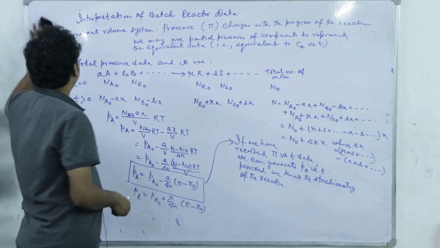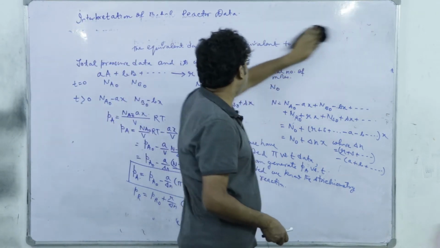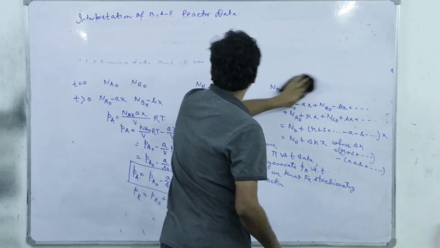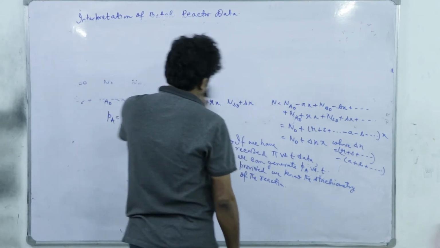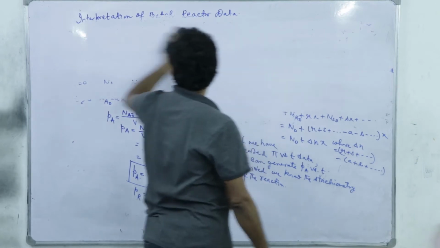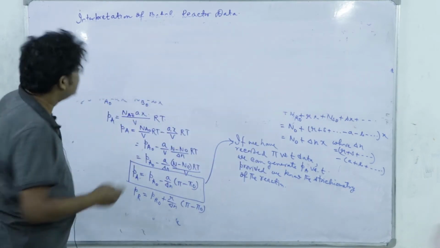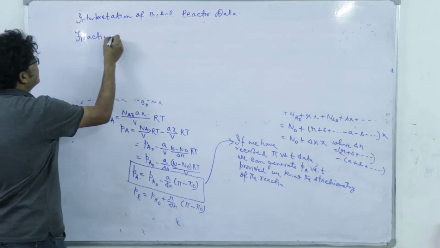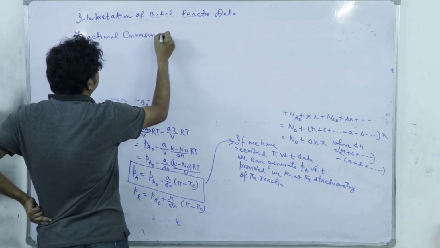Next, instead of writing the concentration, it is better to write the conversion, which is a dimensionless form. Fractional conversion will give you the idea.